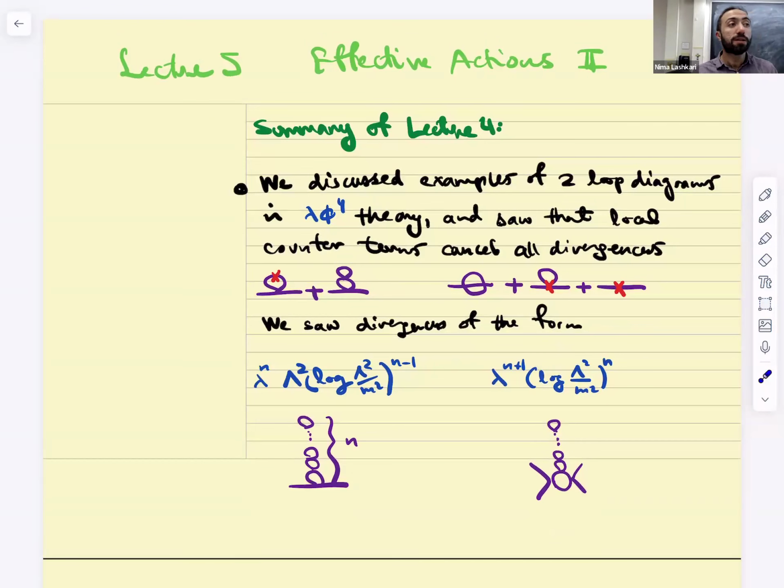Good. Any questions? So just to clarify, supposing you fixed all the terms up to order n. When you get to order n plus 1, any extra divergences that you get will all be able to be absorbed with the order n plus 1 correction term.